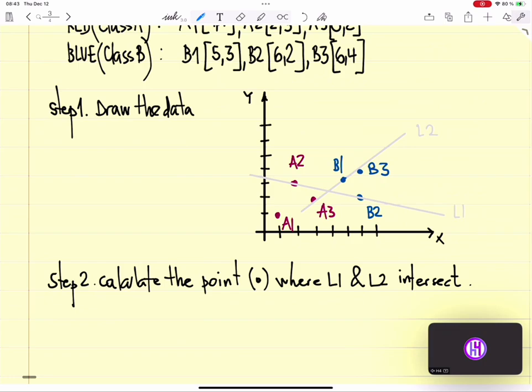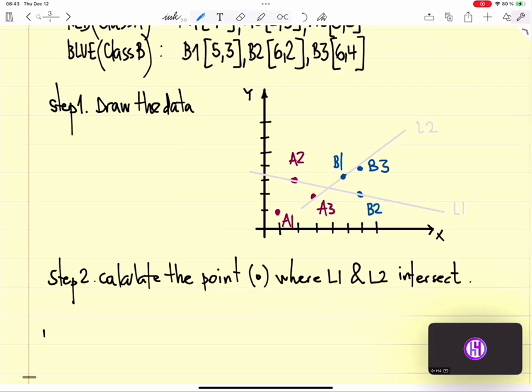So the line that goes through A2 and B2, L1, the equation is y minus, so A2 is the point 2, 3. And B2 is the point 6, 2. So the equation of that line is y minus 3, this 3, okay, divided by x minus 2.